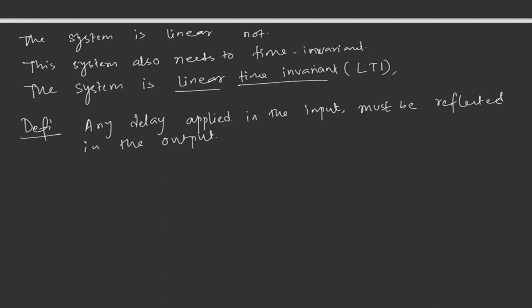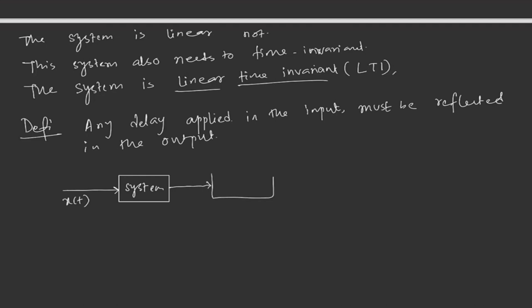So we have a system. We'll check whether the system is time varying or not. We are applying some reference input, which is x(t), for example, and we are getting some output from the system.